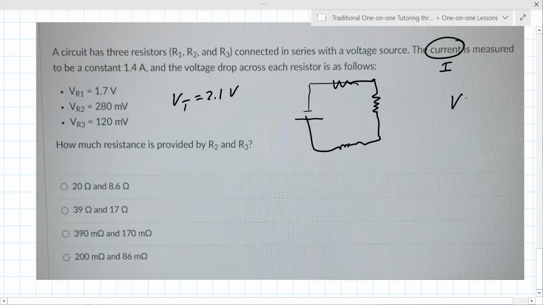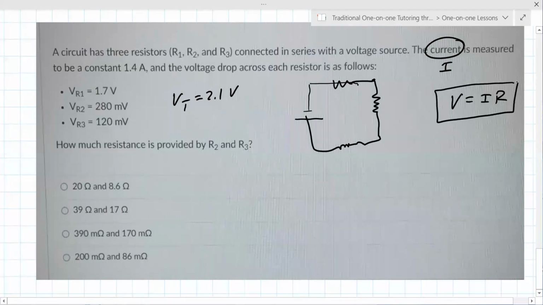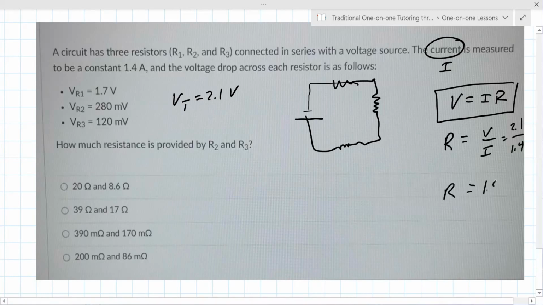And then V equals IR, that's Ohm's law. You probably saw that in a video or lecture. So you can solve for R. R is V divided by I. The voltage is 2.1 divided by 1.4, and that ends up being 1.5 ohms.